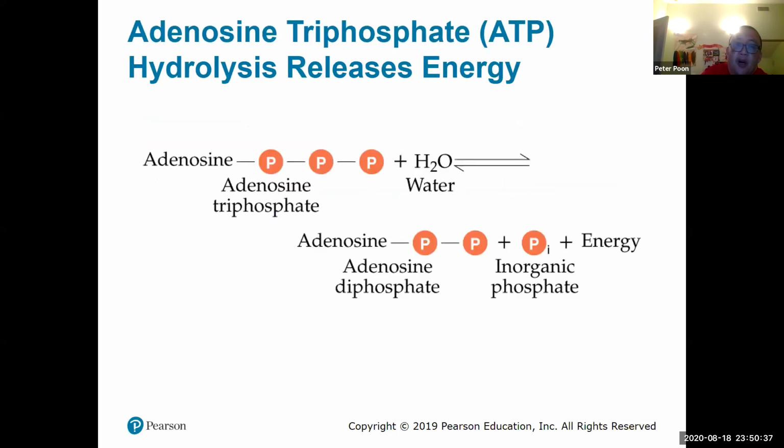Every time I want to release energy, I undergo hydrolysis: hydro, water, I break these two apart and release a tremendous amount of energy. When I want to store energy, I take this and undergo dehydration synthesis. I add this phosphate there, I form water, and I get ATP, a higher energy molecule.